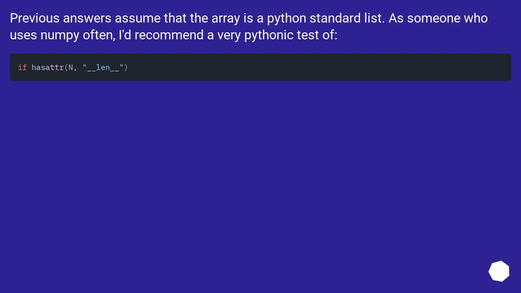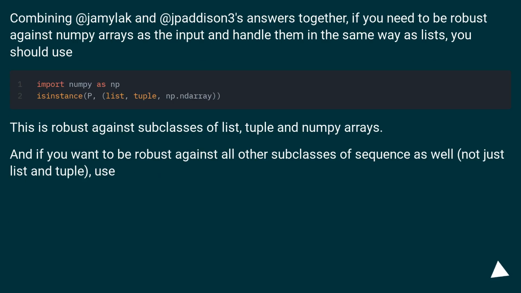Previous answers assume that the array is a Python standard list. As someone who uses NumPy often, I'd recommend a very Pythonic test of combining @Jamalake and @jpattison3's answers together.